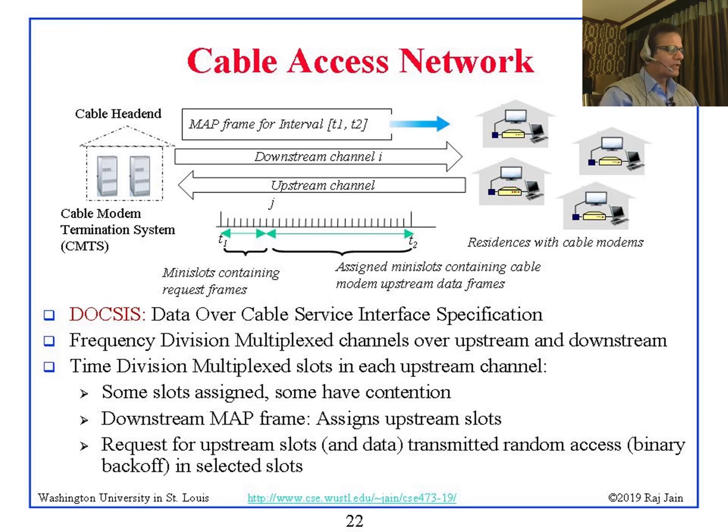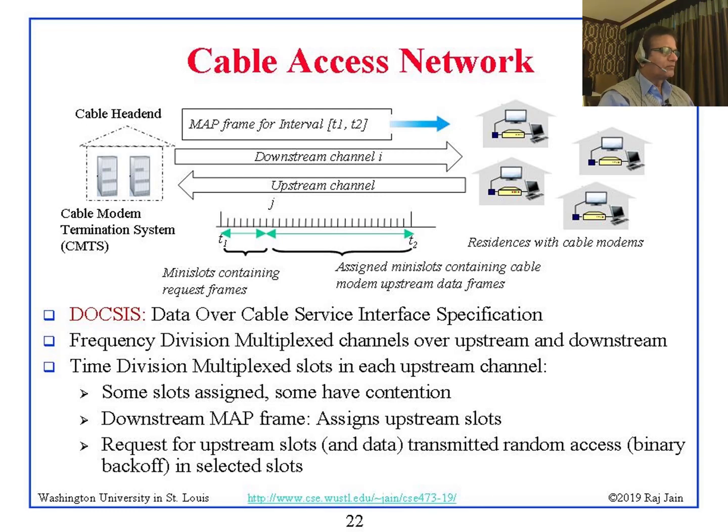Okay, alright. So now it says data over the cable service frequency division, multiple channels over upstream and downstream. So now one point we didn't say was frequency division. Now the frequency division is there, but there is also time division.